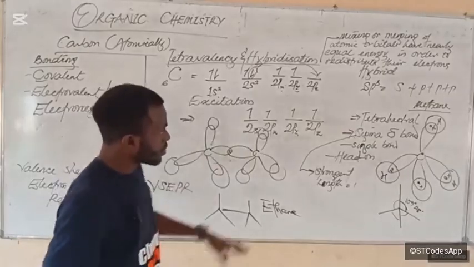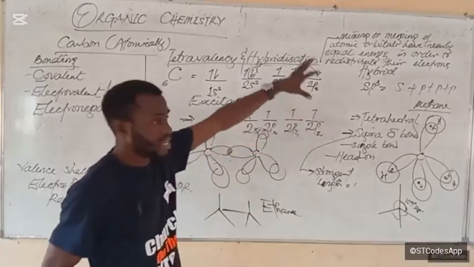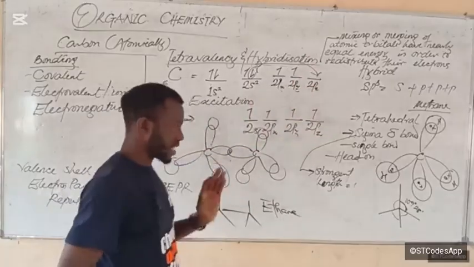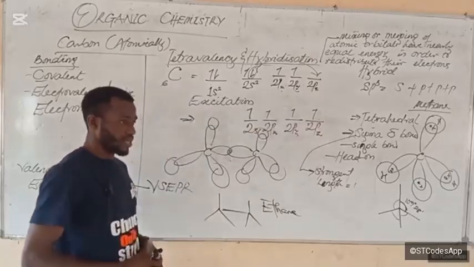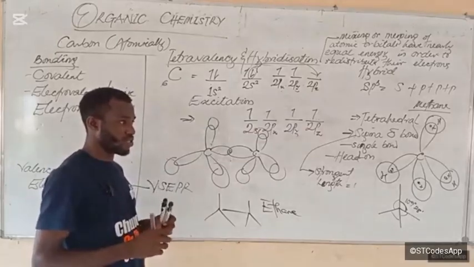All right, the sp3 hybridized orbital is going to have all of these characteristics. Is there any other thing I've not discussed? We have discussed the geometry and the shape.